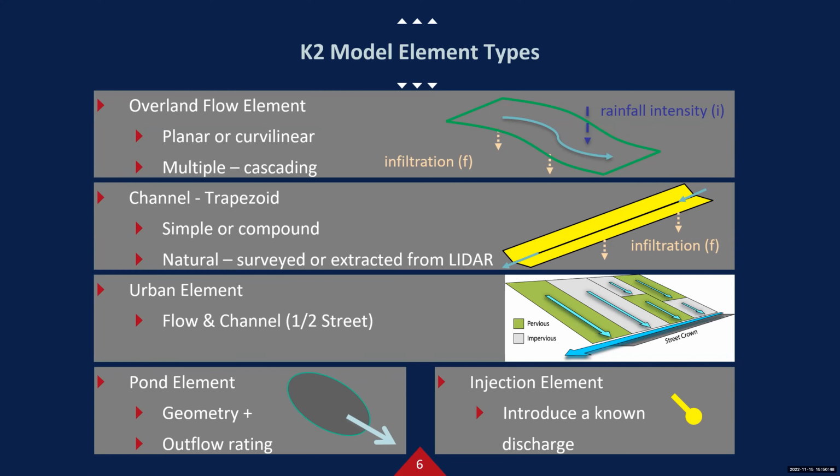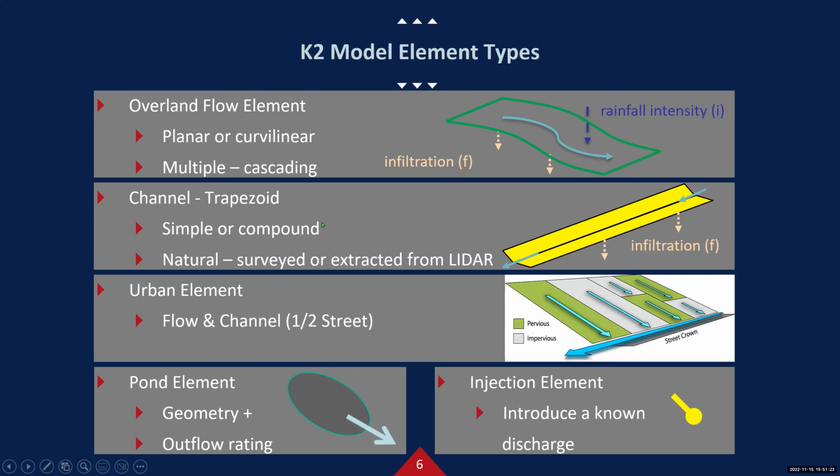So there are a number of types of K2 model elements. Again, we've got this overland flow element for contributing hill slope areas. Again, planar, curvilinear, and you can also do cascading plains where you might break this into two if you have, that's a Walmart parking lot at the top and an infiltrating area down here where you have distinctly different characteristics of the upland area.